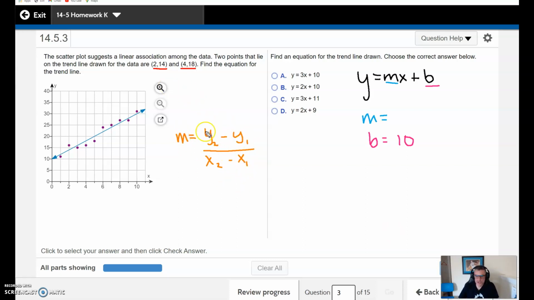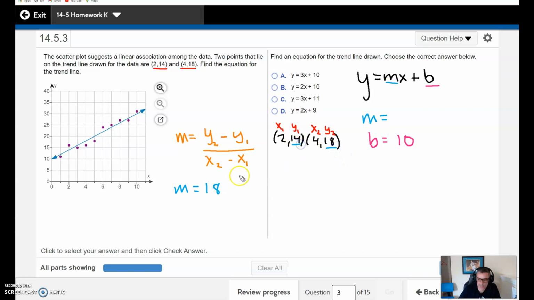When I'm using the slope formula, the first thing I do is rewrite the coordinates, (2,14) and (4,18). Then I label them. This is the first x, first y, second x, second y. And then I plug them into the correct spots, right? So y sub 2 is 18.